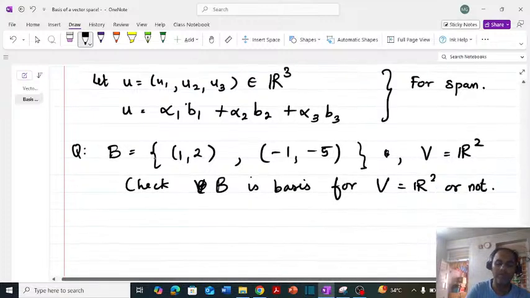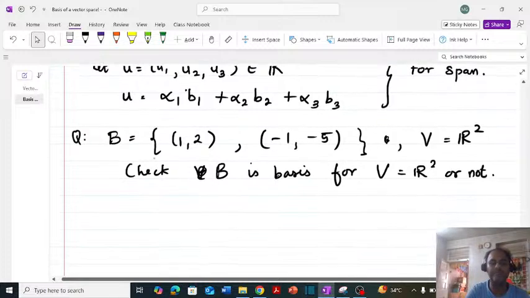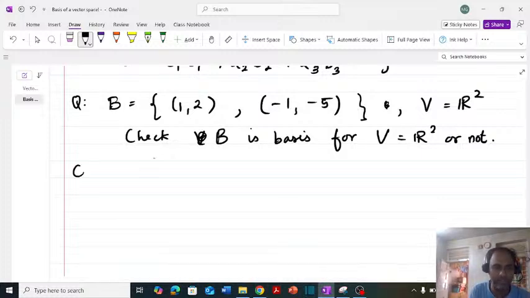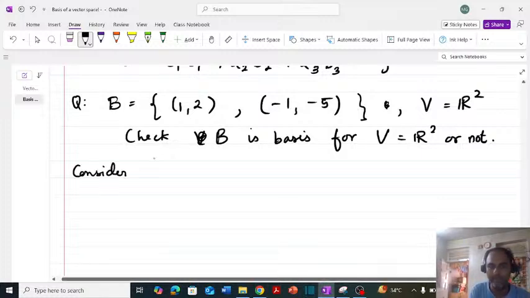How do we check this? Again we will have to calculate the determinant. You write them in column manner.